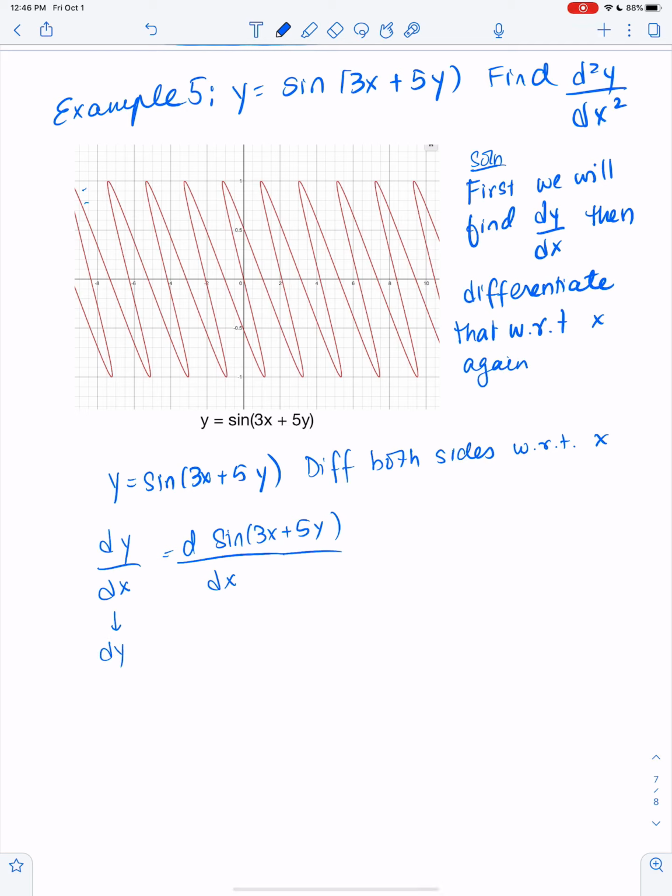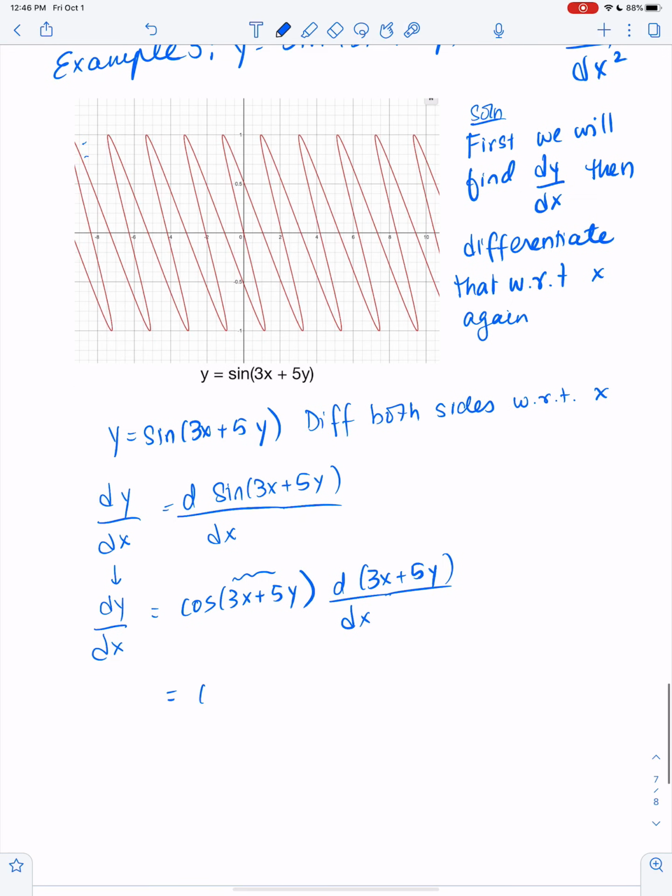And the right side, what's the derivative of sine of something? Well, it's the cosine of that something times the derivative of that something. So it will be the cosine of that same something.